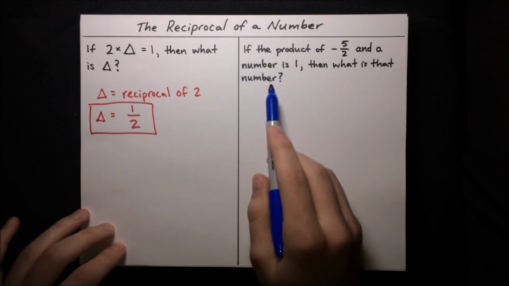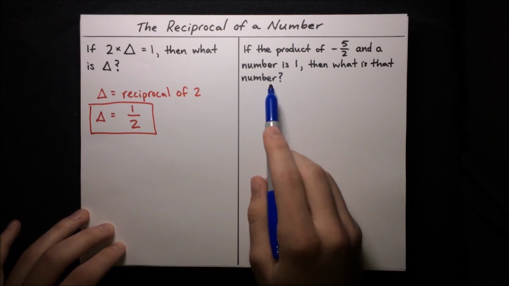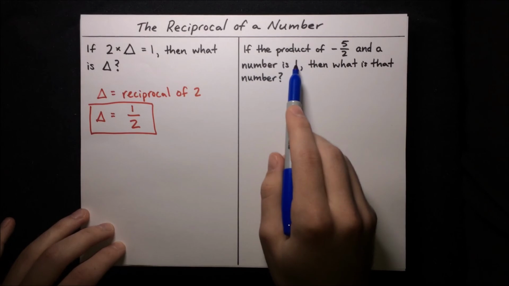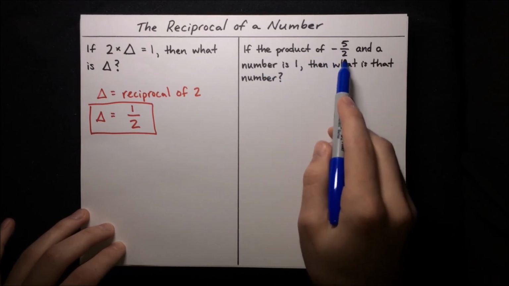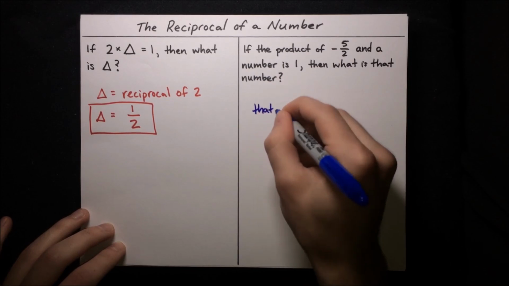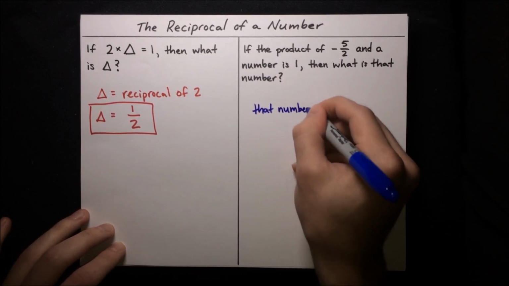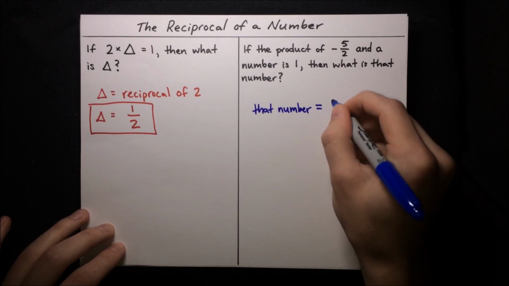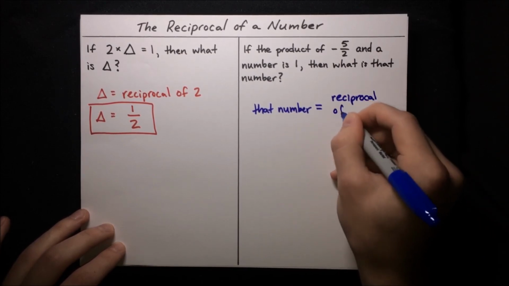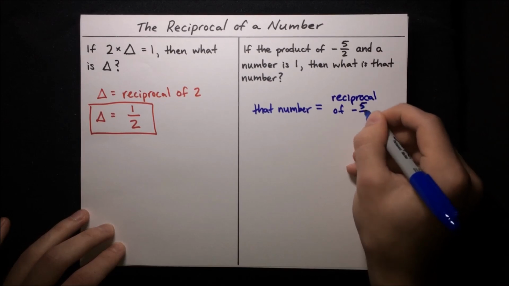Well, again, we just need to remember that the product of a non-zero number and its reciprocal is equal to 1. So if the product of -5/2 and some number is equal to 1, that number has to be equal to the reciprocal of -5/2.